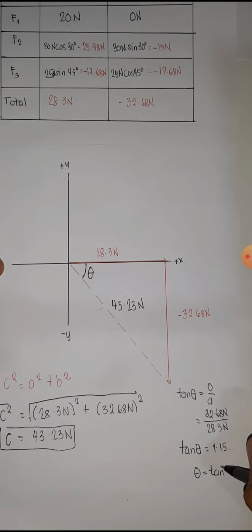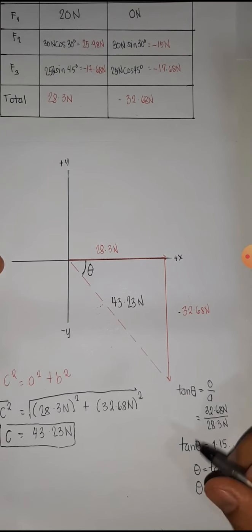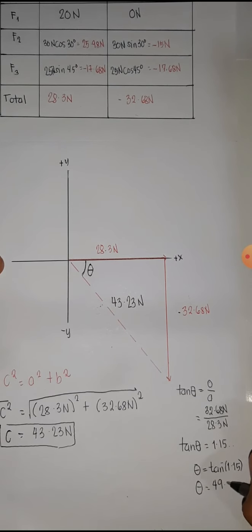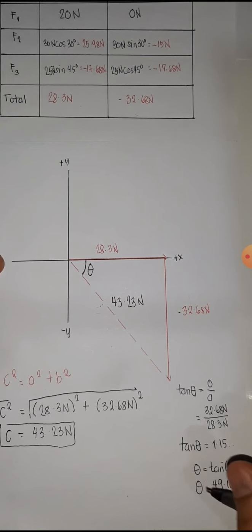That is arctan of 1.15. In your calculator, you just need to click shift tan so that you will get the arctangent, or the second function of your tangent. So the angle will be equivalent to 49.108 degrees.